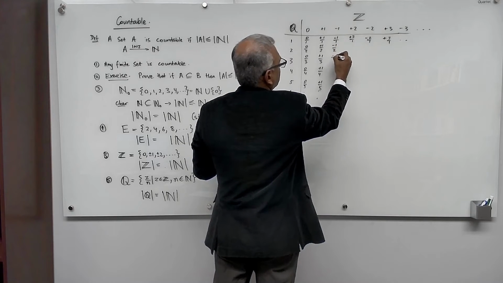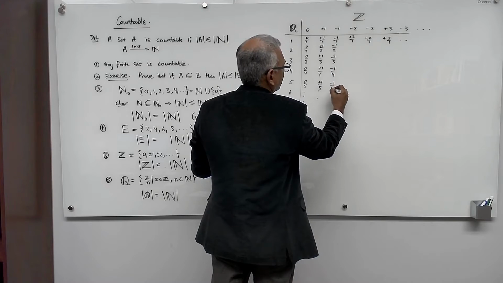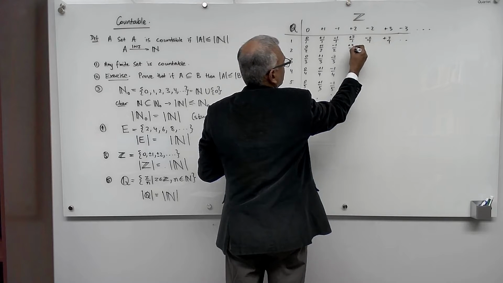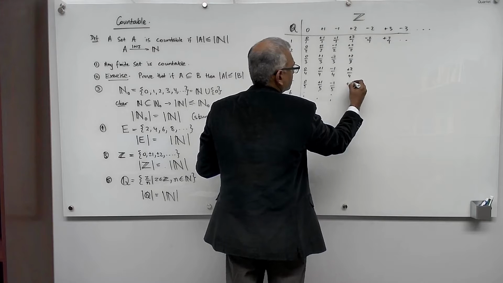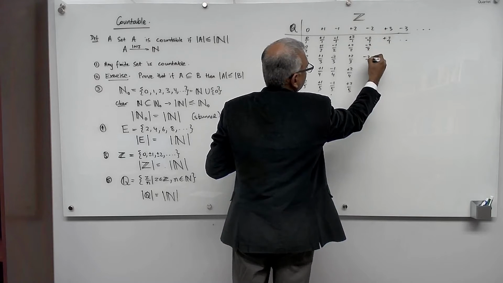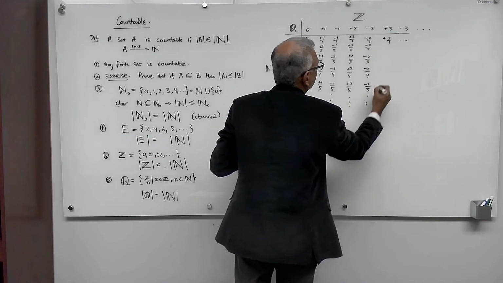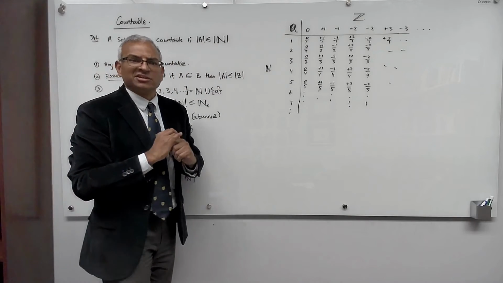Minus 1 over 2, minus 1 over 3, minus 1 over 4, minus 1 over 5, and so on. Plus 2 over 2, plus 2 over 3, plus 2 over 4, plus 2 over 5, minus 2 over 2, minus 2 over 3, minus 2 over 4, minus 2 over 5, and so on. We can go on filling in this table. So this table contains all the rational numbers.